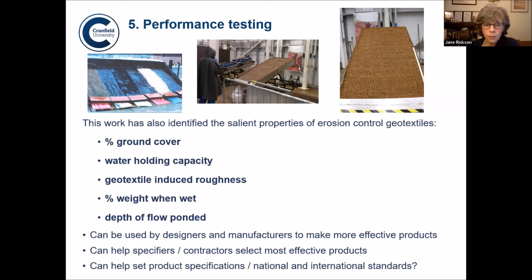And we hope this sort of information is going to be useful to designers and manufacturers to make more effective products, but also will help specifiers and contractors select the most effective product and challenge the manufacturer as well. What is your water holding capacity? What is your percentage ground cover? How wet does this product get when it's wet?